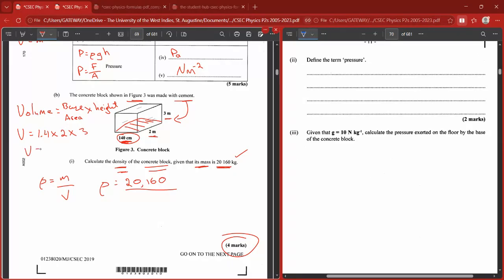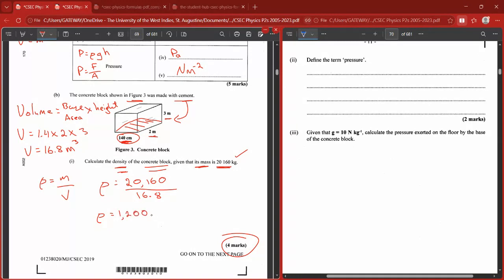So you're going to get a volume, density is mass over volume, right? 1.4 by 2 by 6. I think 16.8. And this will be meters cubed. So this is 16.8. So density is equal to 20,160 divided by 16.8. I'm getting 1,200.